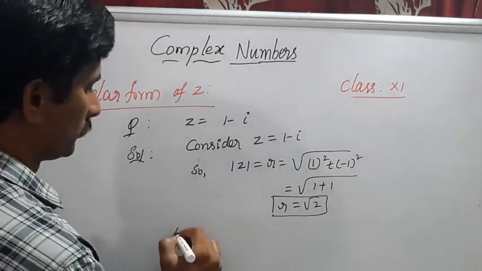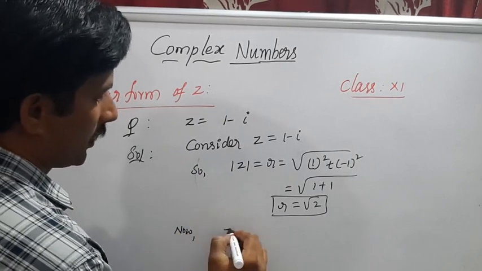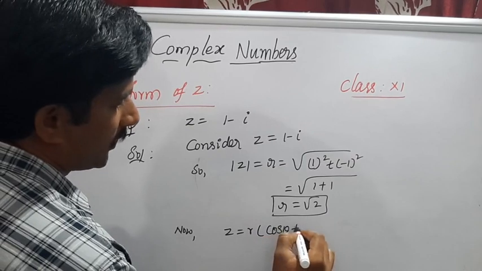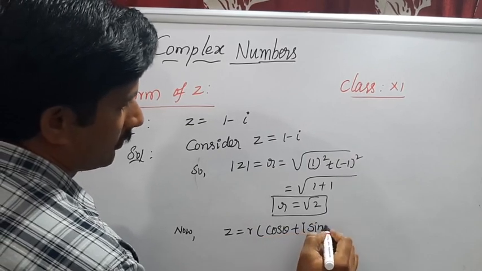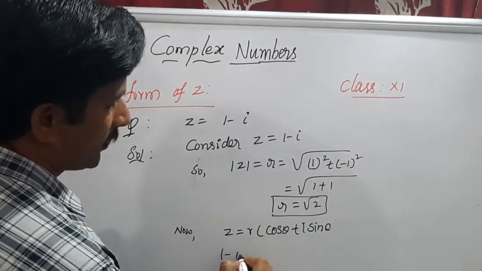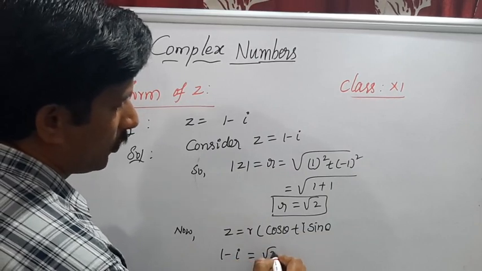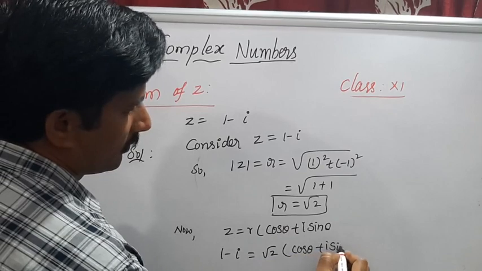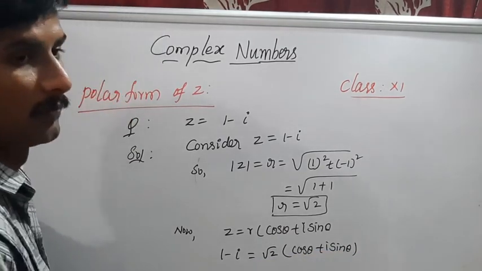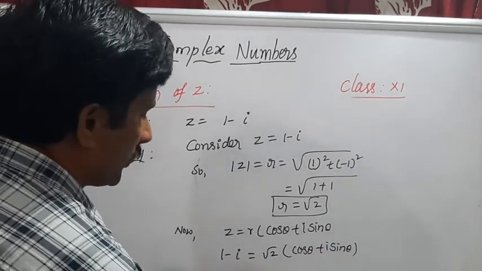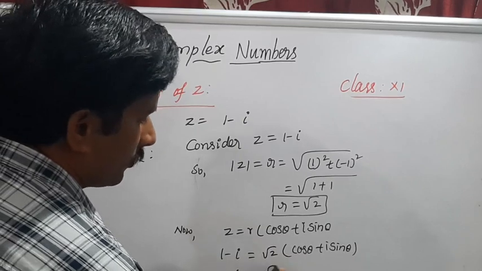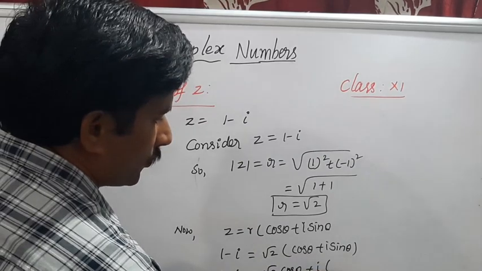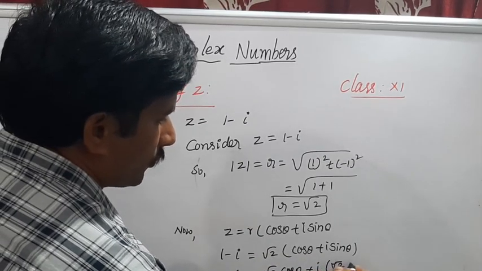Now z equal to r into cos theta plus i sin theta, but z equal to 1 minus i is equal to root 2 into cos theta plus i sin theta. So that is 1 minus i equal to root 2 into cos theta plus i into root 2 into sin theta.